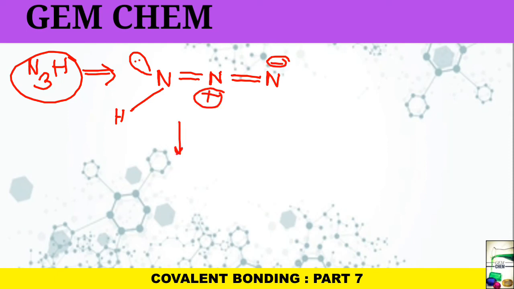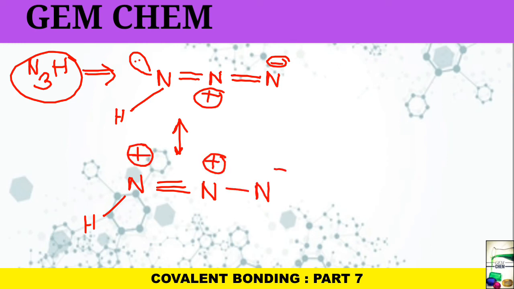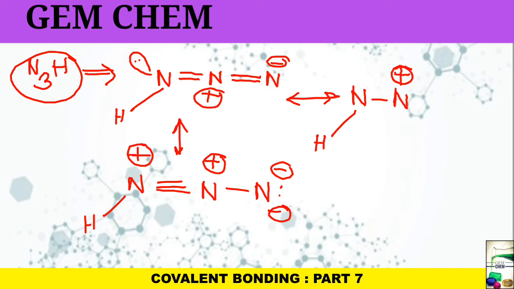And if we see here for this one, then here there can be triple bond, here can be hydrogen, a positive charge, here also a positive charge and here 2 negative charges, right? And another one can be like this: nitrogen having hydrogen, nitrogen with a positive charge, here is the 2 lone pairs, triple bond N, and this can continue.